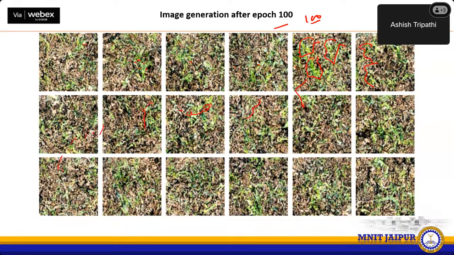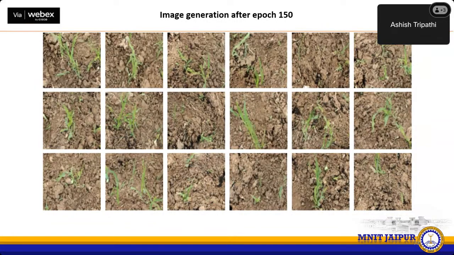But after 150, we are now able to see clearly how the images will look. So these are some kind of plants. You can assume that this is wheat data or some kind of plant data, whatever it is.